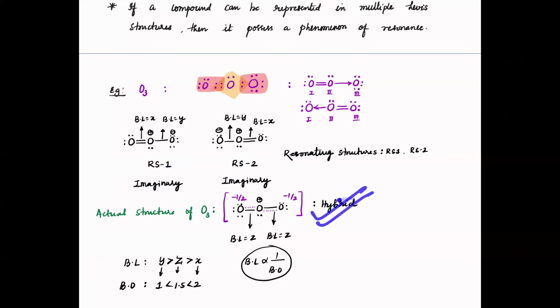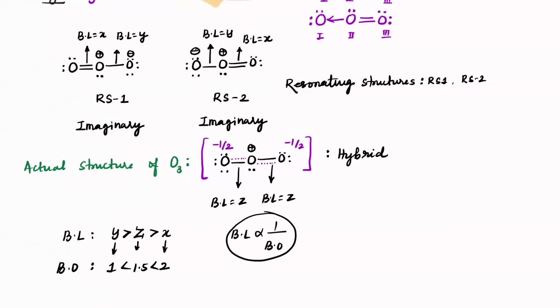The actual structure is the amalgam, the combination of all those imaginary structures together. That definitely showcases in their bond length, bond energies, bond order. They will all be a mix of all the resonating structures. So resonating structures are the imaginary or theoretical structures that we write, and the hybrid structure is the real structure.